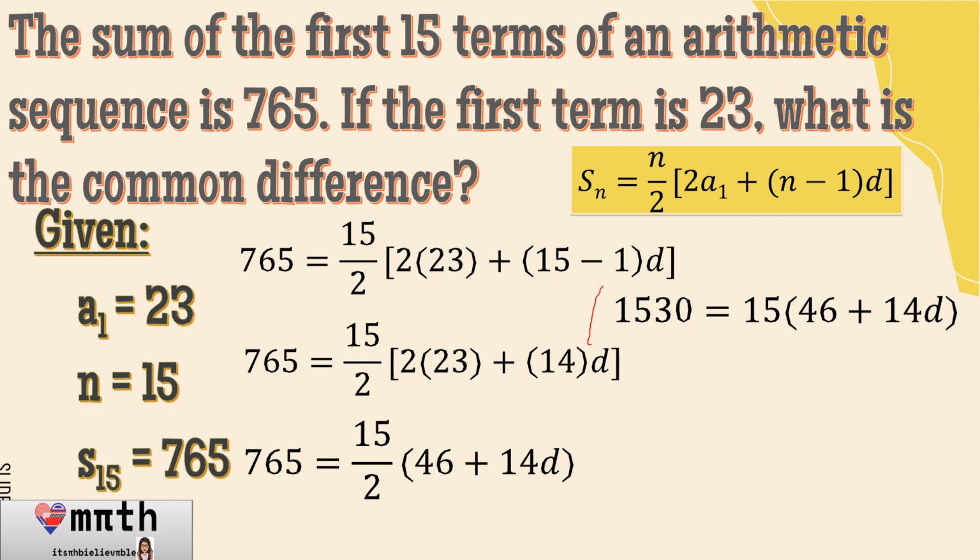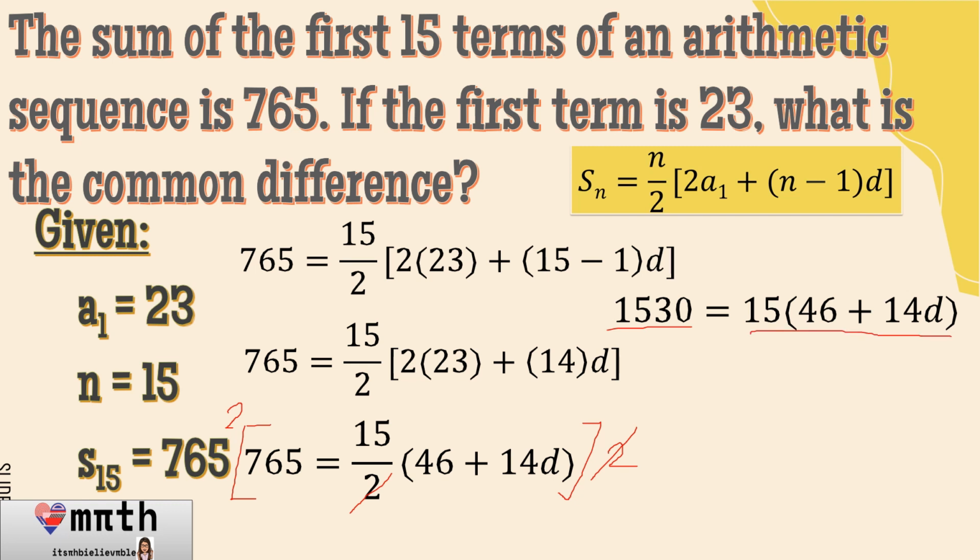So, 2 will be cancelled out. Then, 2 times 765, that would be 1,530. And the term that will be left behind on the right side would be 15 times 46 plus 14d.